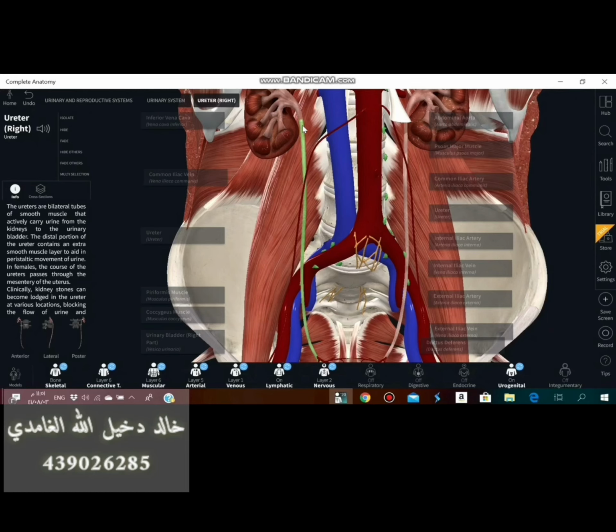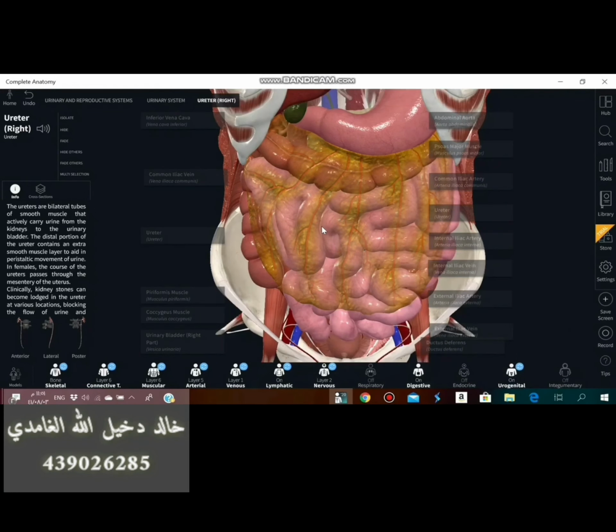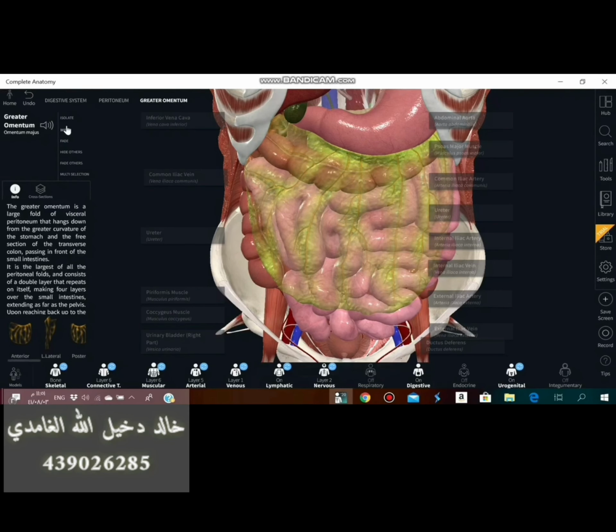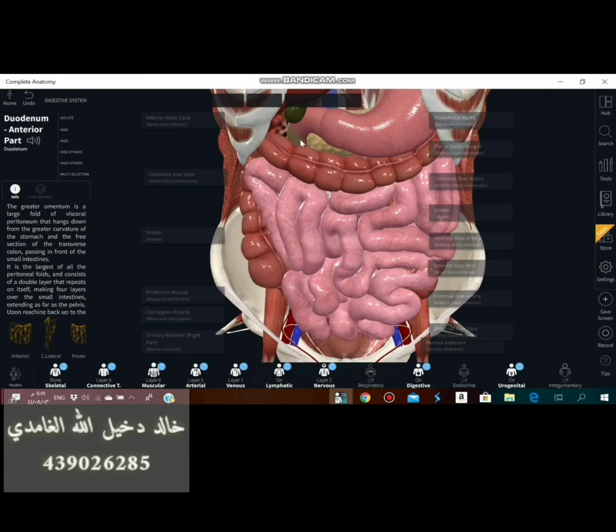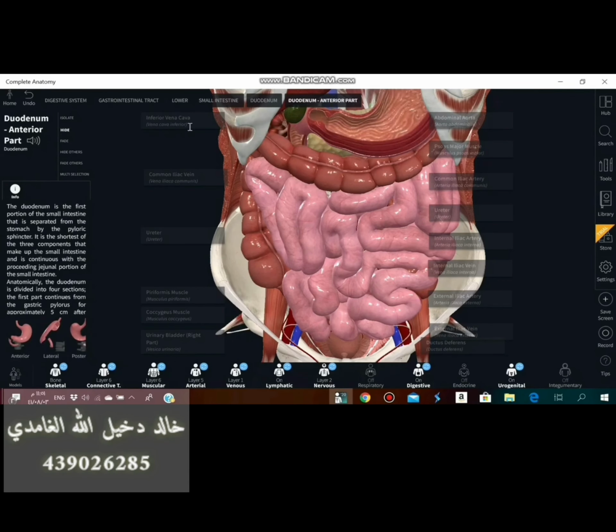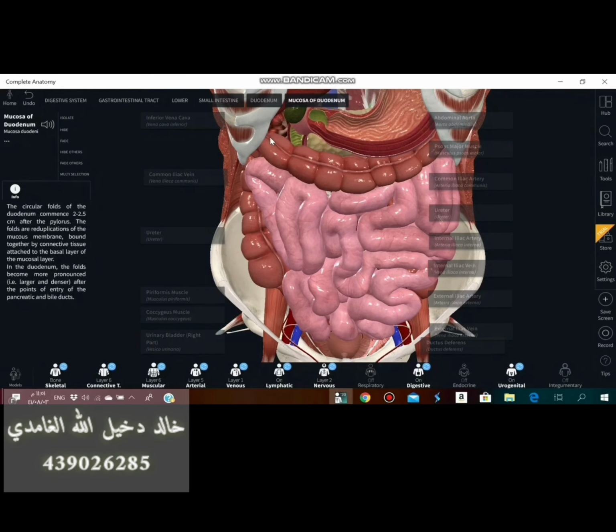Anterior to the right ureter, we have here the duodenum. Just hide it, okay, here is the duodenum. If we hide the duodenum, we will see the right ureter.